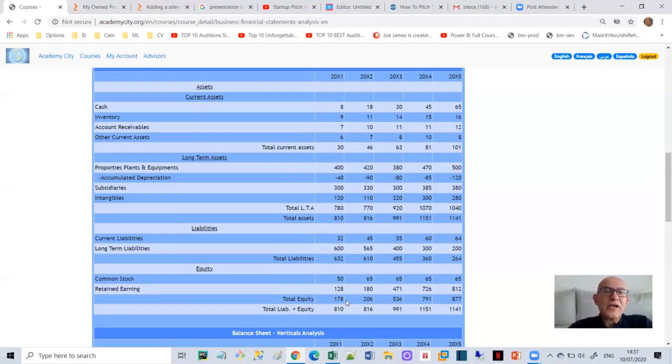For example, if I'm trying to compare my company to another company in the same industry, I want to know whether my company is really very similar to that company. I would like to put them on the same footing, okay? I have to convert all of them to a ratio of the total assets. When we do that, the size of the company is not a factor anymore. And then I can compare.